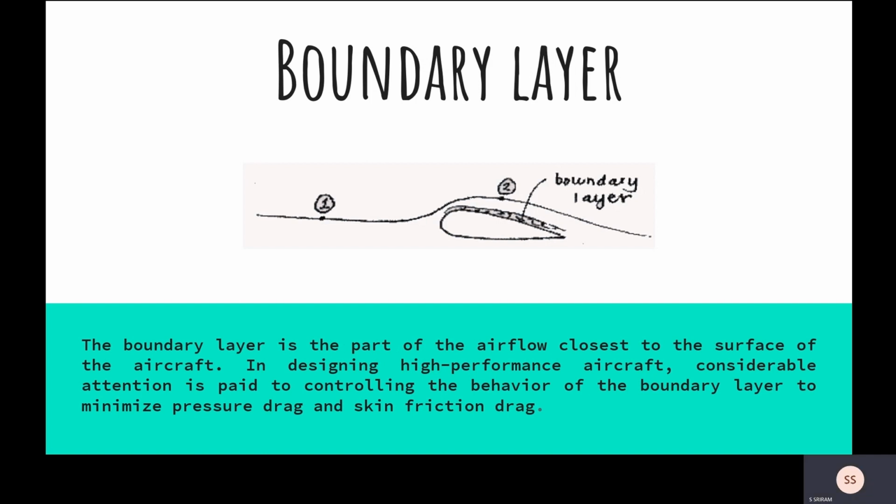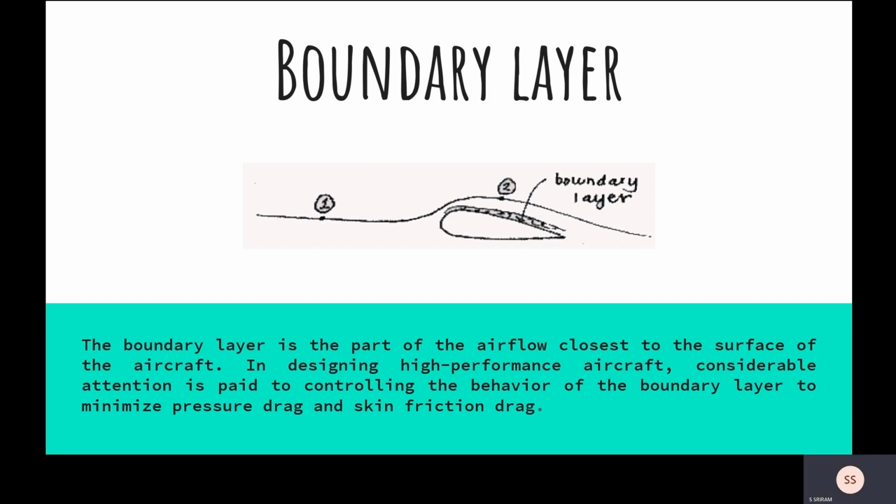Now, the boundary layer. When it comes to meshing, we'll be giving the utmost importance to the boundary layers. We'll be performing certain operations like face sizing, body sizing, and inflation while meshing, because the boundary layer is the part of the airflow closest to the surface of the aircraft.